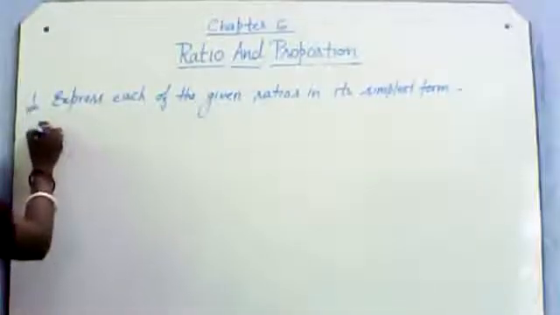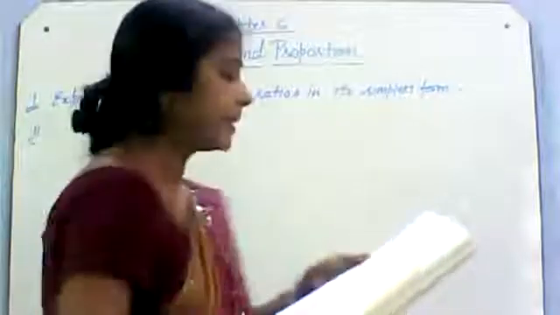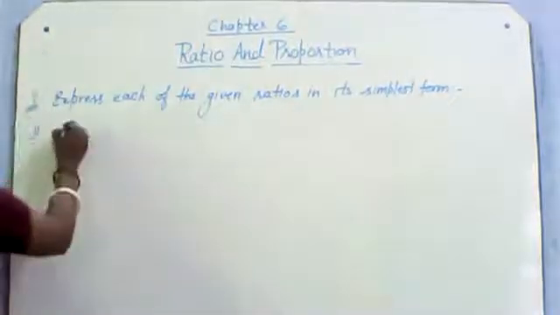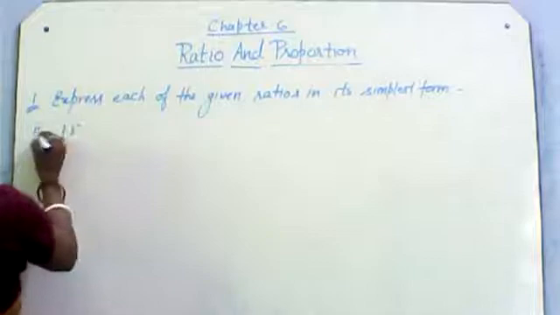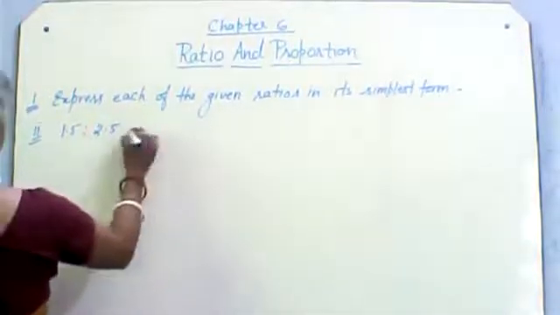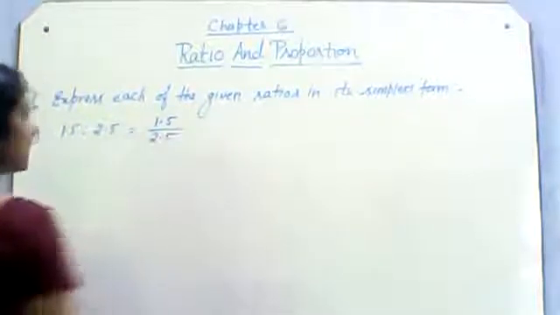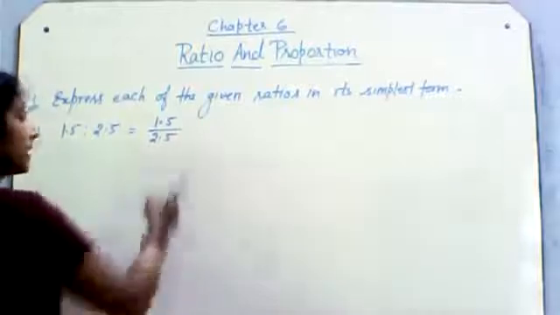So I am doing the second one. First one is 22 ratio 66, that you can do easily. So 1.5 ratio 2.5 is given. You can write 1.5 divided by 2.5. Now the decimal you can remove.